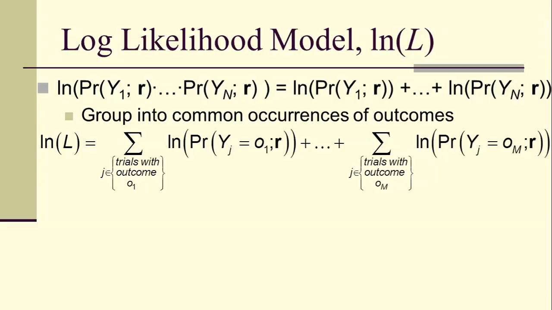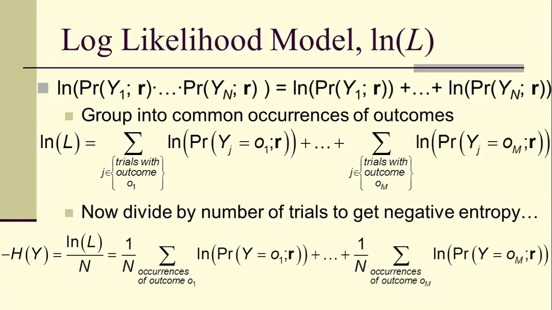And we have the log of the probabilities for each of those O sub 1 up to O sub m groupings. We can divide by the number of trials to get the negative entropy of y, and that's the log likelihood over capital N, and that's just 1 over capital N times the occurrences of outcome O1, times the log probability y equals O1 given the parameters, up to the same thing for the O sub m.